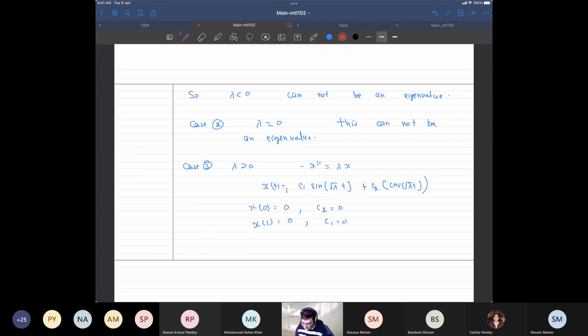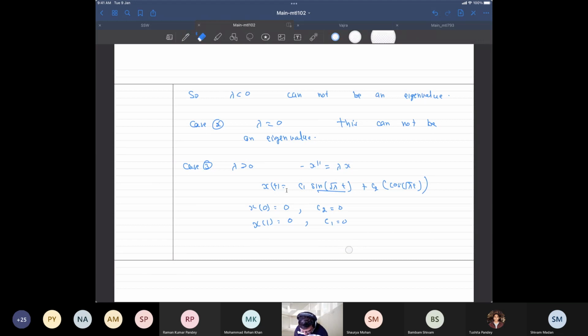So let's take an appropriate value here. I want to take a value such that this is 0. But I need to satisfy the boundary condition, so not this way.